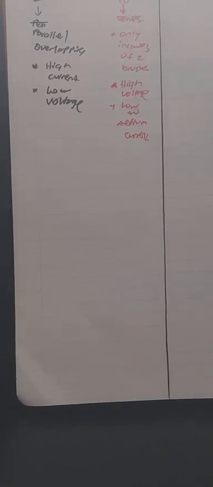And while you're still on it, let's move to the commutator. The armature core, armature windings and commutator are part of the rotor, the moving parts.